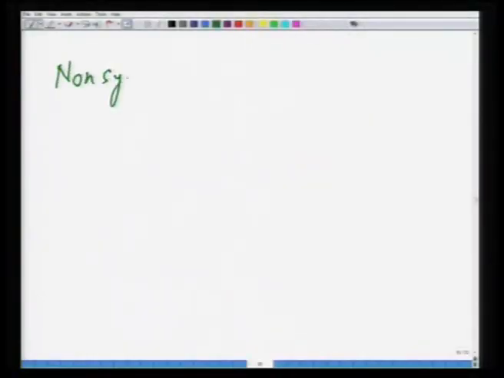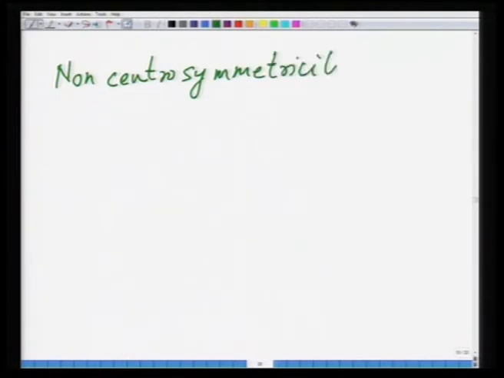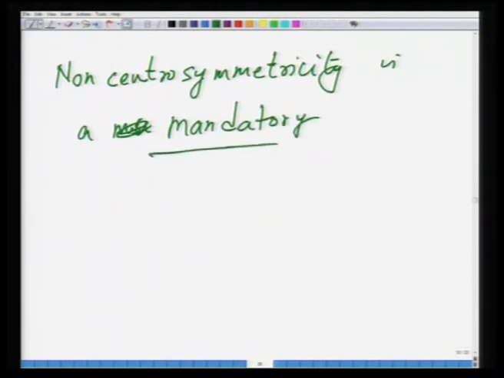So, non-centrosymmetricity is a must, a mandatory condition. Okay. So, these materials have to be non-centrosymmetric.